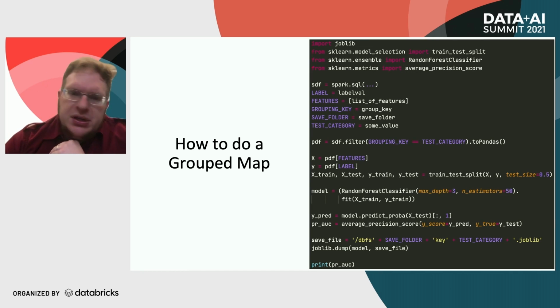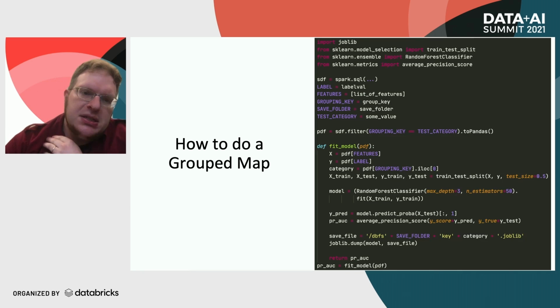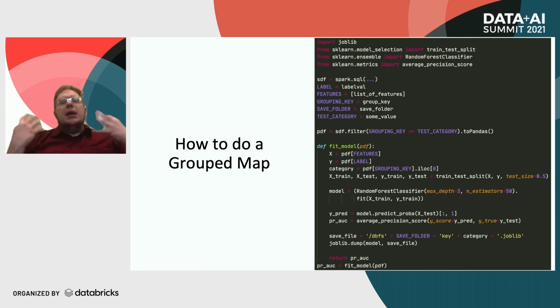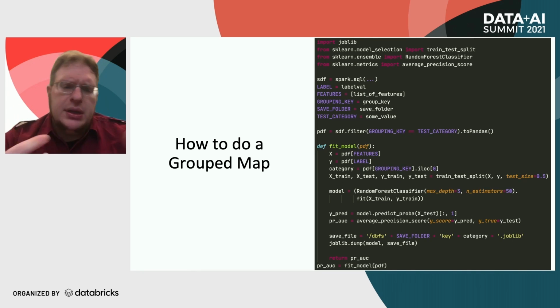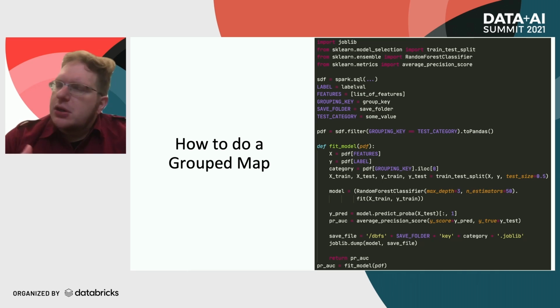Now, first thing I wanted you to do is just pay attention to these lines over here. I will just stick these inside of a function. So now, instead of just having a script that does this, I have a function called fitModel where I just run this function on my Pandas data frame, and I'm going to return my PRAUC as a value.